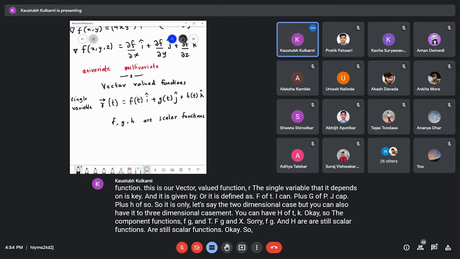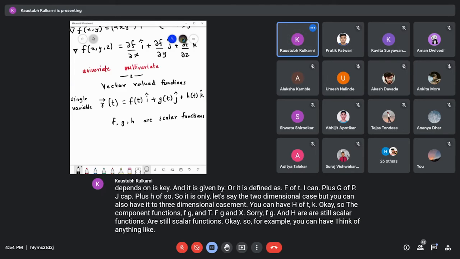So for example, think of anything like, let's say, r vector of t is t square plus 2 i plus 3t plus 1 j.